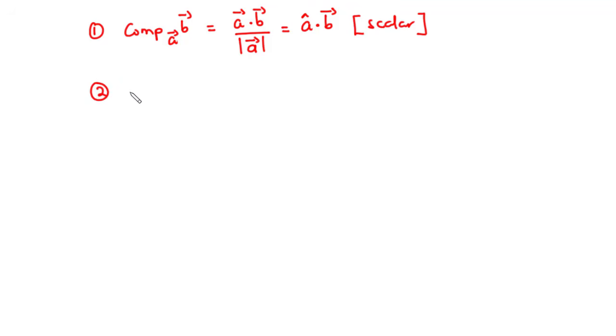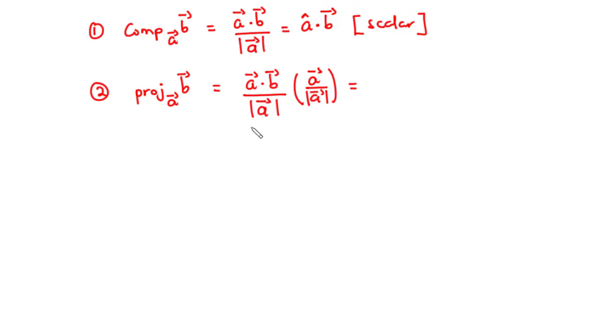Secondly, the vector projection of a vector, say B, onto A is equal to the dot product of vector A and vector B divided by the magnitude of vector A, times the unit vector in the direction of vector A, that is vector A divided by its magnitude.